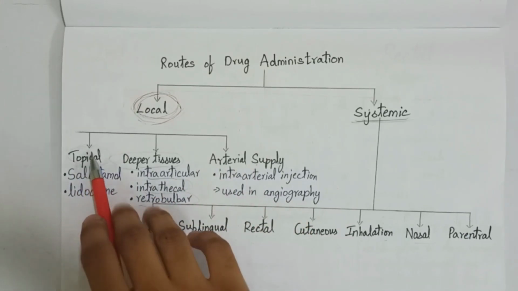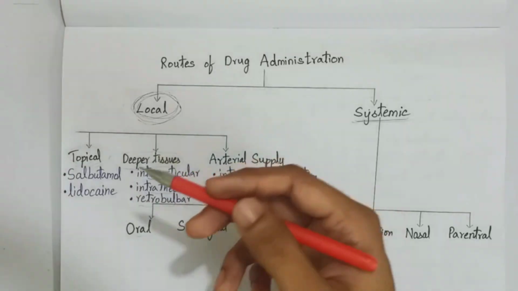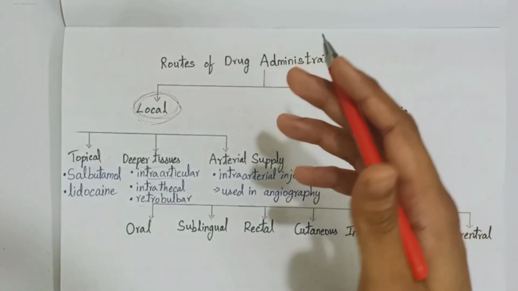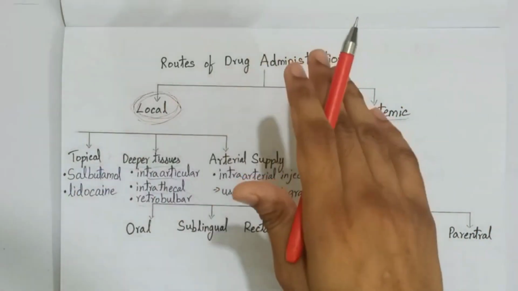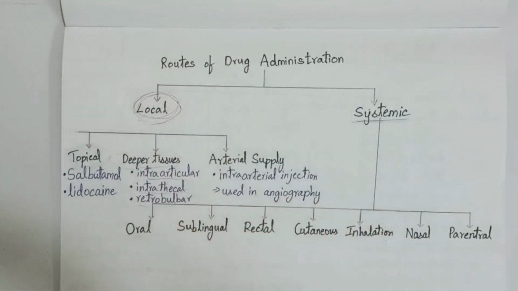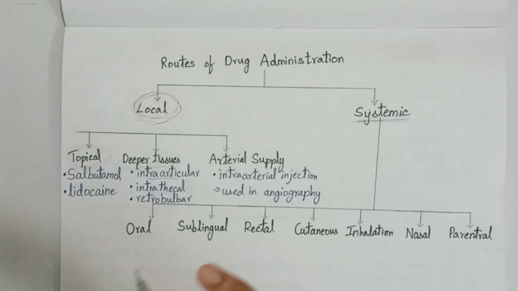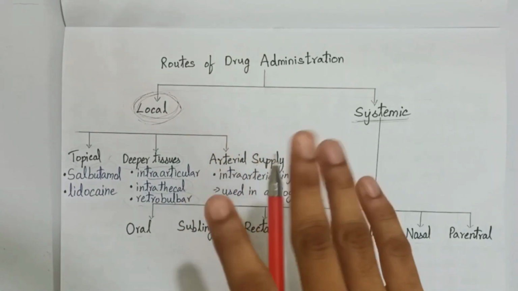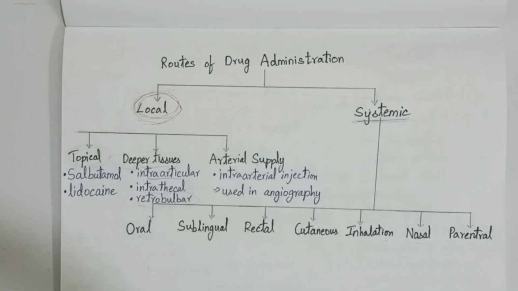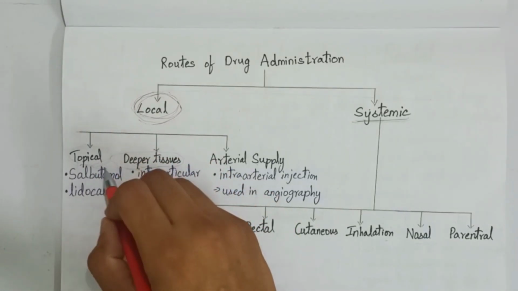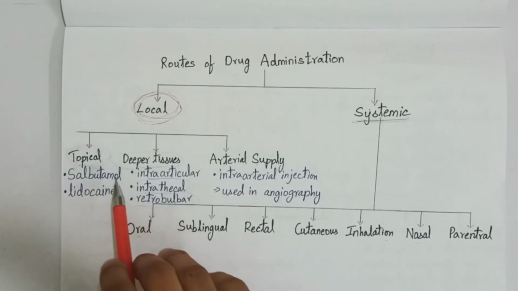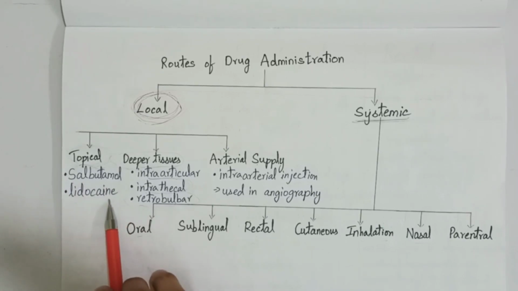In topical, the normal example is external application of the drug on the surface of the body or in regions like the vagina, mucosa, eyes, ear canal. Examples for topical routes are salbutamol and lidocaine.